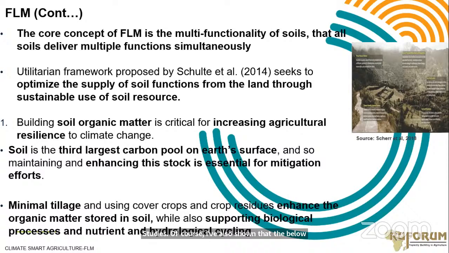Sometimes we may focus very much on the trees and forget about our soils, and yet in some areas where there are very scarce trees, as you find in the grasslands, much of the carbon is stored below ground, in the root biomass. So minimum tillage is one way of conserving the soil organic matter pool, and use of cover crops and crop residues also enhances organic matter that is stored in the soil.